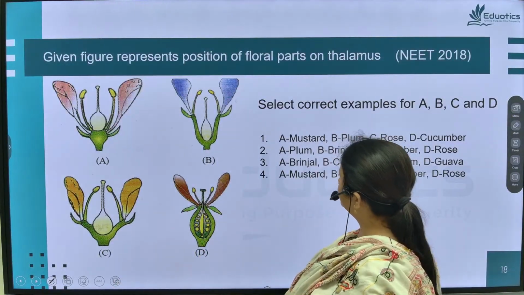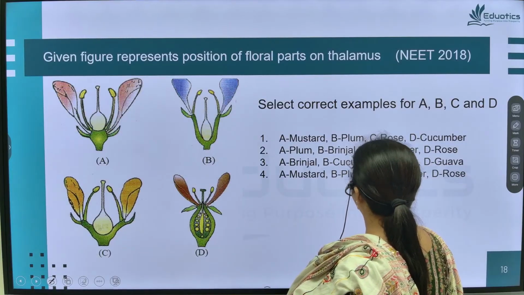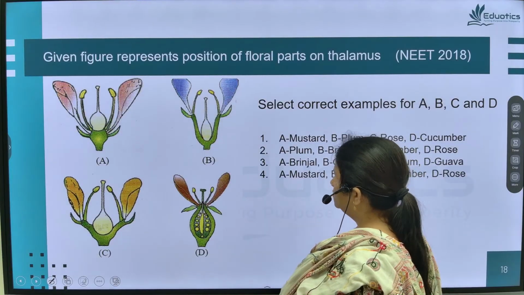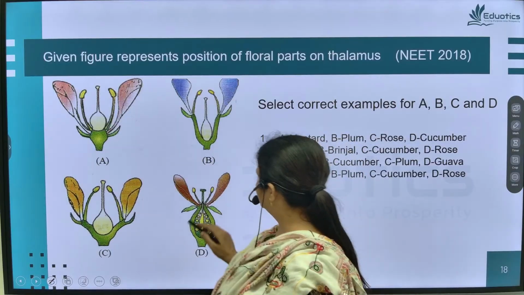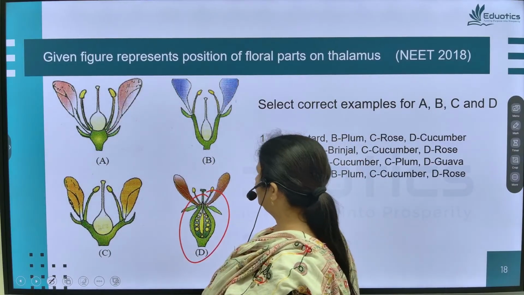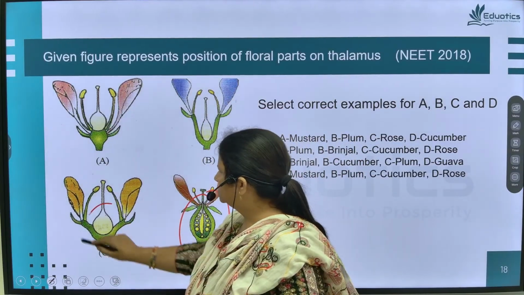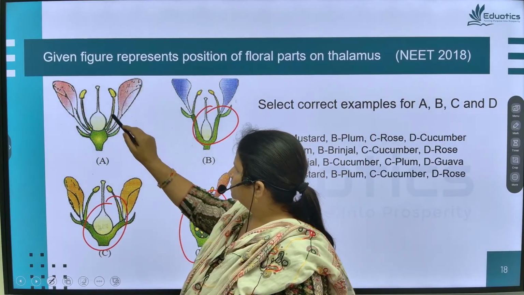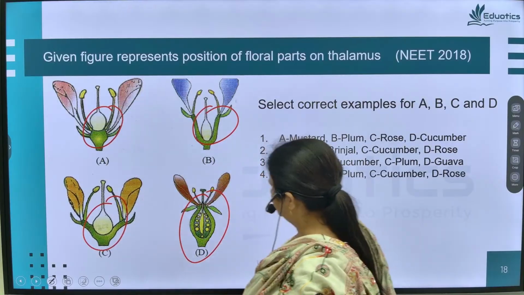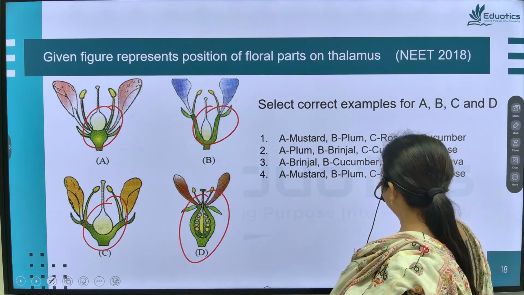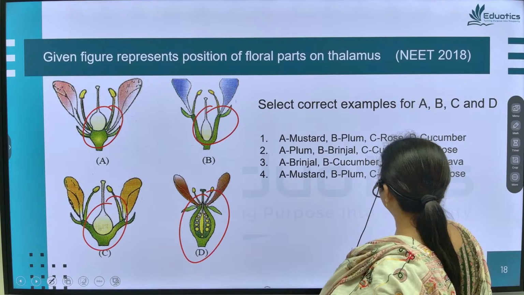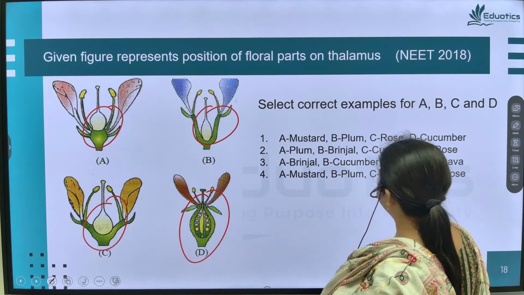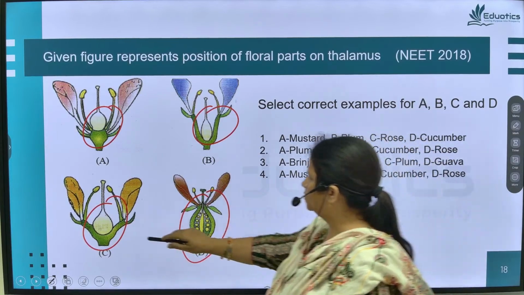Given figure represents position of the floral parts on the thalamus. You must identify this hypogynous flower, perigynous flower, epigynous flower, right? For B and C, it should be plum, peach and rose, we know.